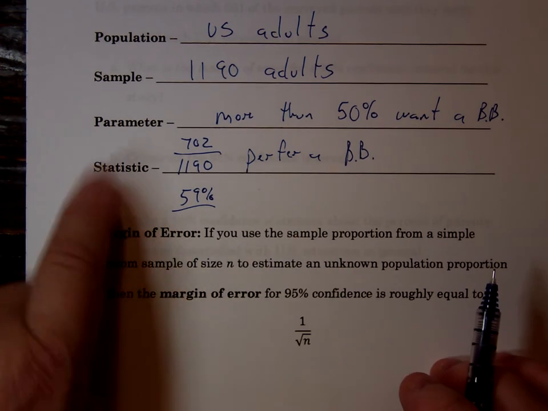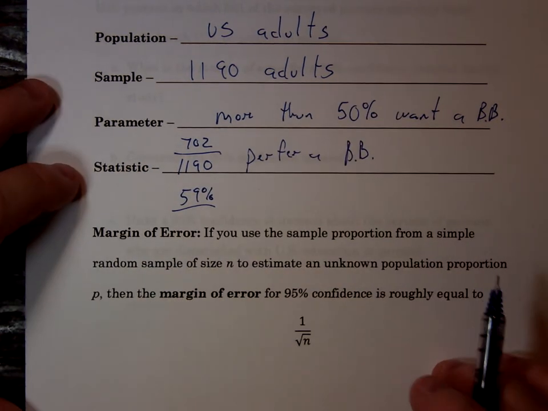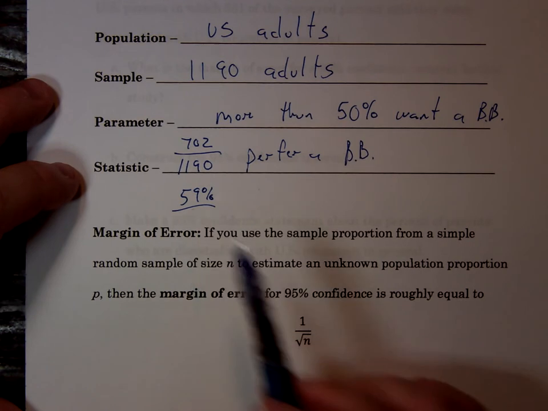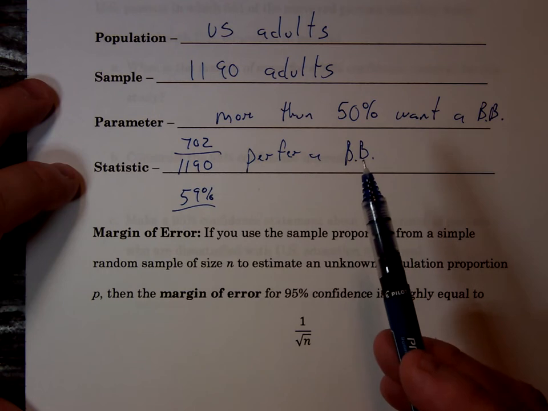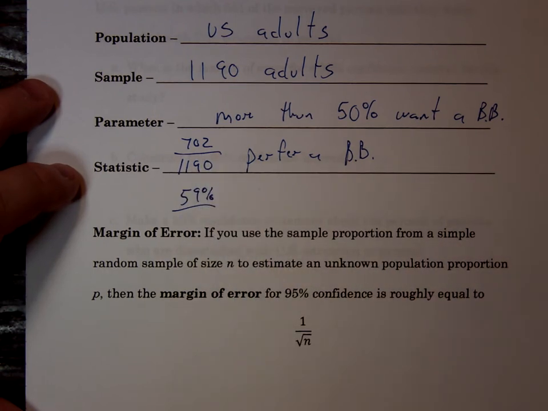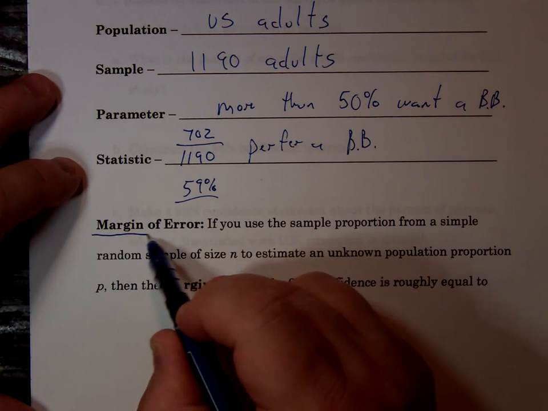But since it's a statistic, there is some error there that it's not always going to be a perfect number, right? If you called up 1,190 different people, then you probably wouldn't get exactly 702 the second time that prefer. And it's going to be a give or take. And that's what we call the margin of error.